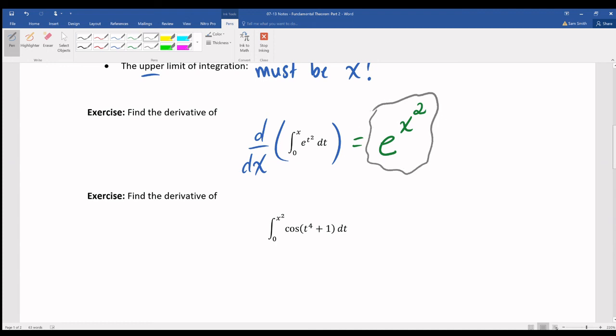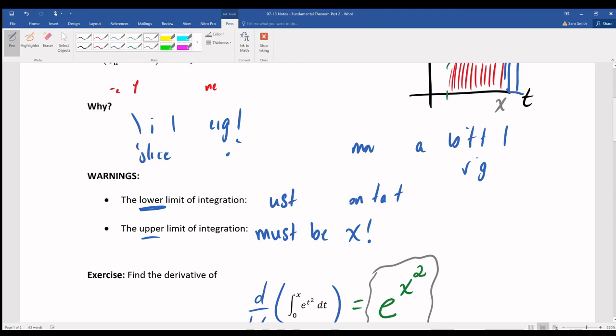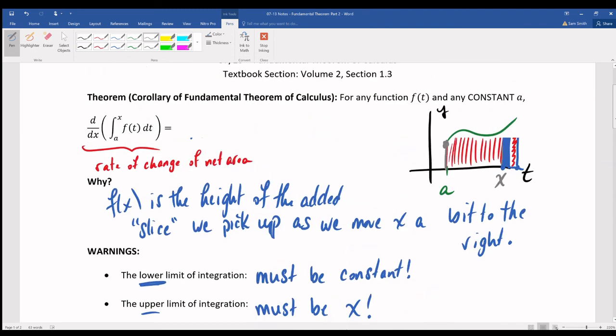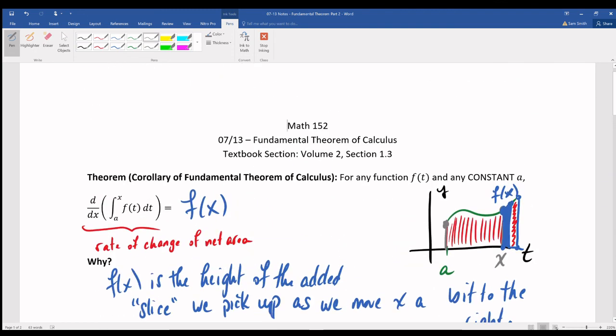So that's the idea of this theorem. To find the rate of change of an integral, first check if it fits into this precise format: lower limit number, upper limit x. To find the derivative with respect to x, replace the dummy variable in the integrand with that x variable.